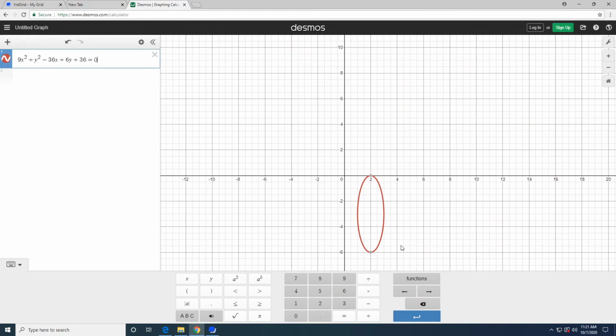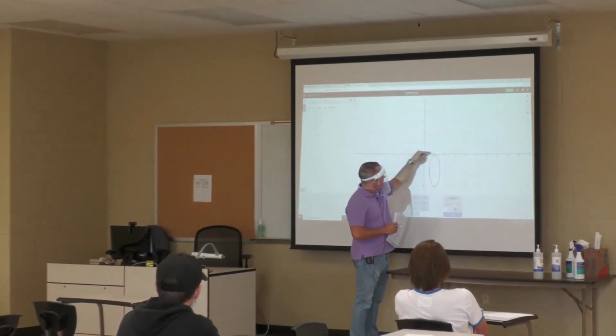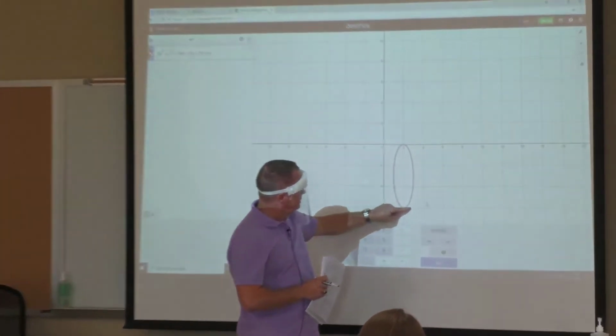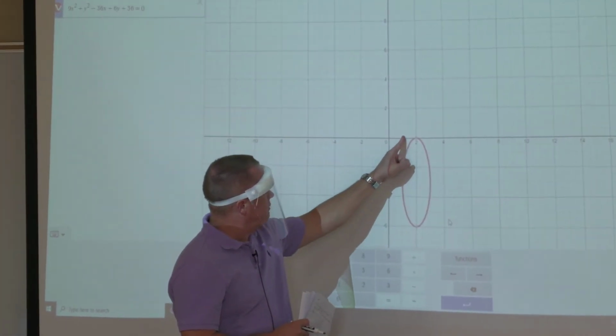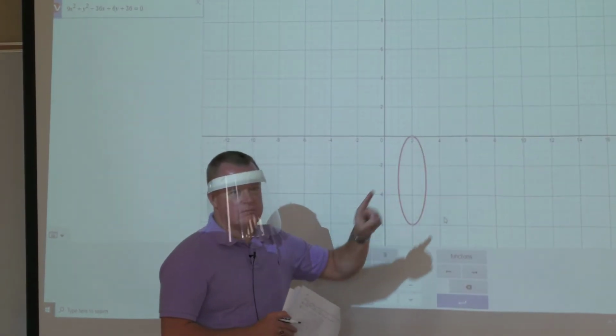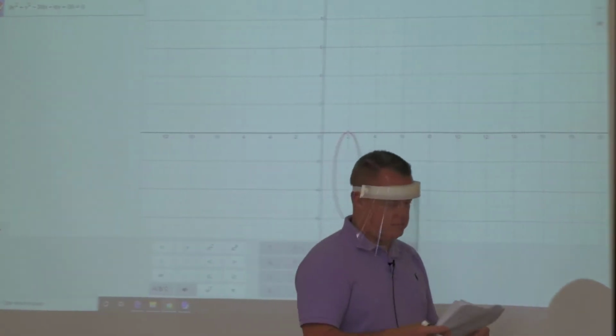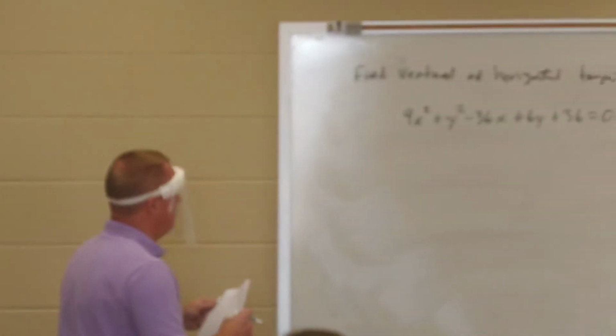Looks like the horizontal tangents would be where? Right here it's at 0 and at -6. It looks like the vertical tangents should be here around 1 and 3. But we don't just look at it and say, well, that's what we think. We need to show it with calculus.